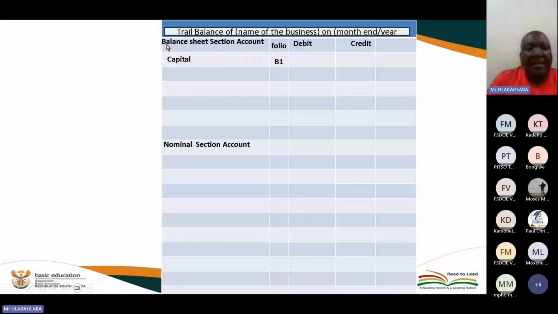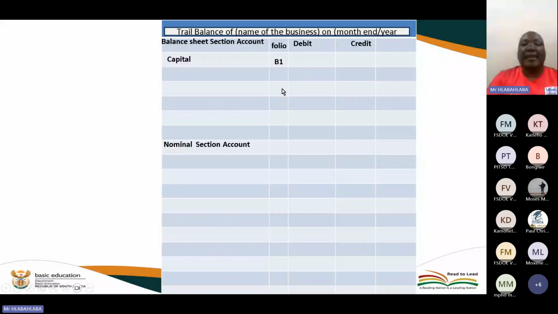One is because capital is the one that started first. So if there was another account that started before capital, we would have indicated B1 for that, meaning it does not necessarily mean that if capital is B1, it will always be B1. Just remember that it can change depending on which one came first.